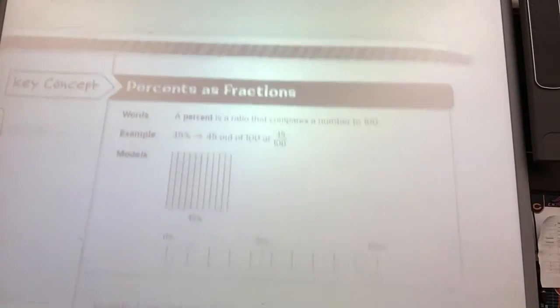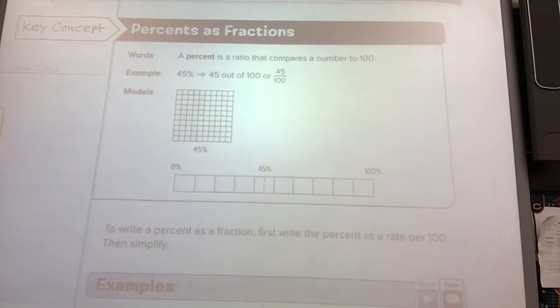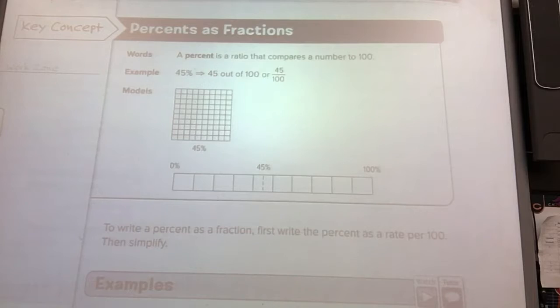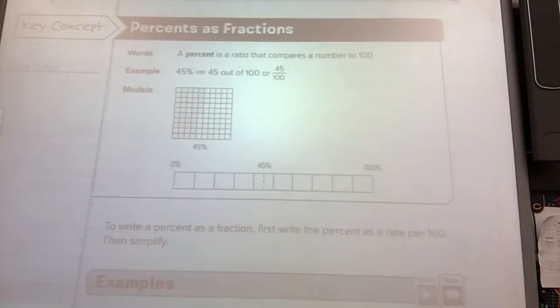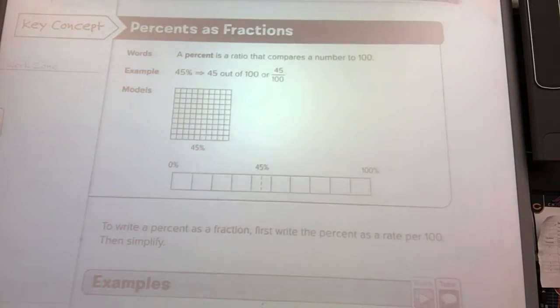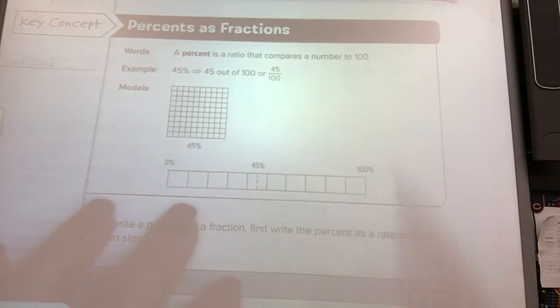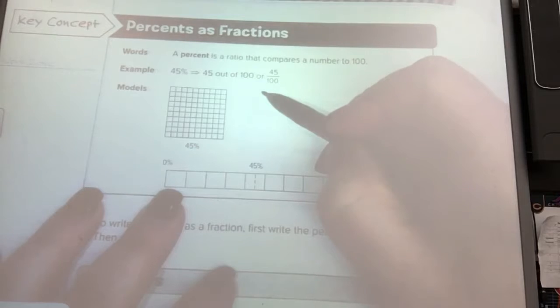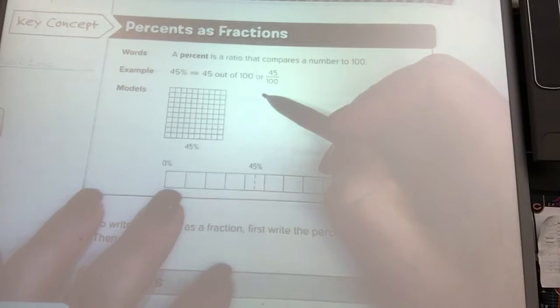All right, page 102. A percent is a ratio that compares a number to 100. When we look at a percent out of 100, they give us 45%, which is 45 out of 100. Any percent is always out of 100, okay?